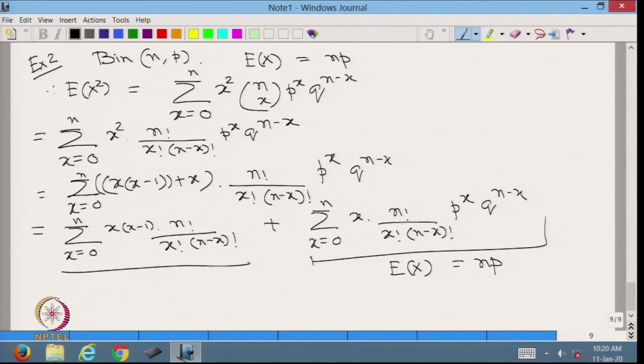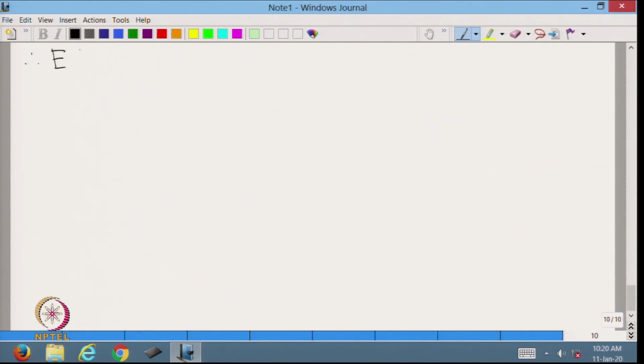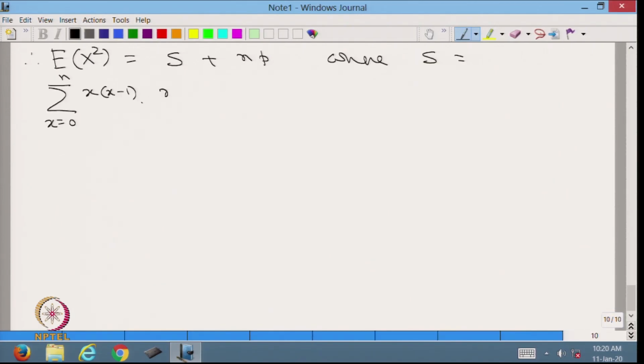Let us call it S. Therefore, the expected value of x square is equal to S plus n p, where S is equal to sigma x equals 0 to n of x into (x minus 1) into n factorial over x factorial (n minus x) factorial, p to the power x q to the power n minus x.